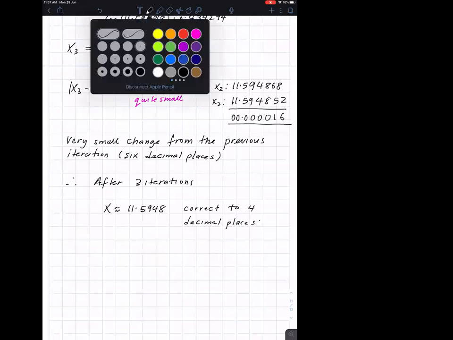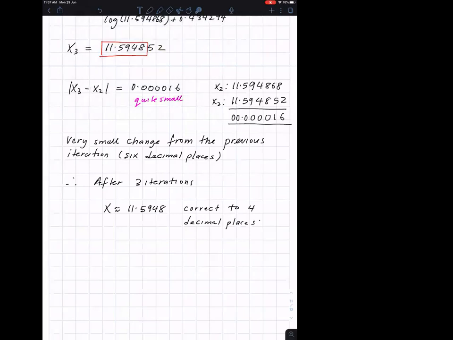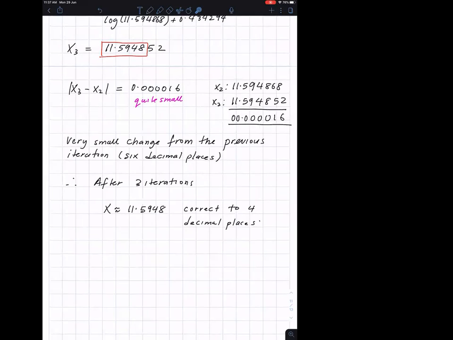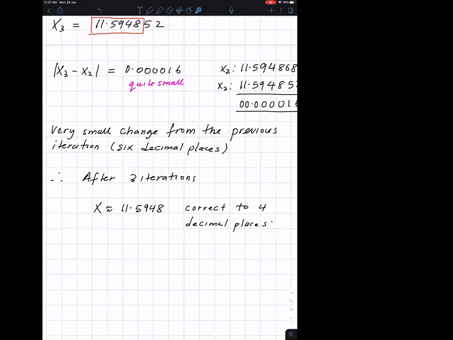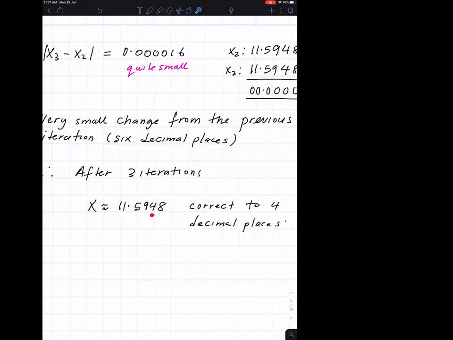The reason why 4 decimal places is sufficient is up to you, depending on what kind of problem you're working on. This 11 is really a big number. It's not 0.00-something, so 4 decimal places is quite acceptable here, but that depends on what problem you're working on.